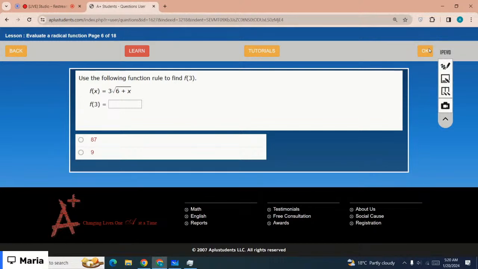The next one is: solve the following function rule to find f of 3. You need to replace x with 3. So which is the correct option?